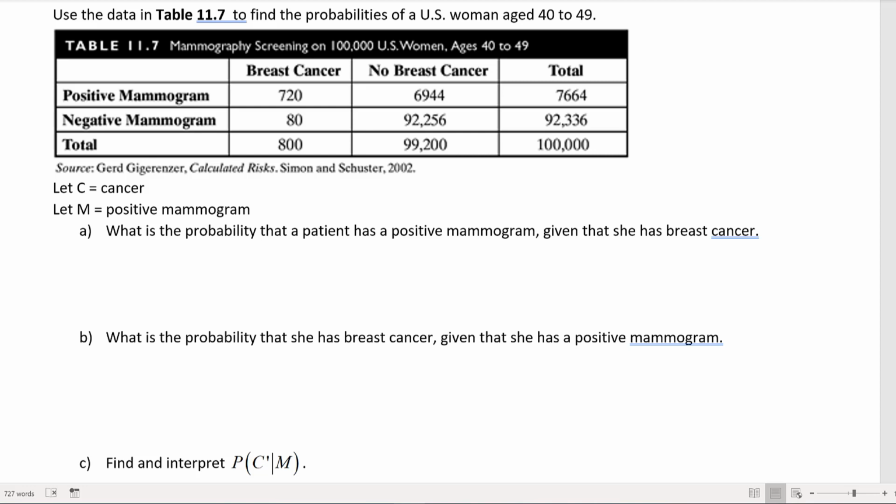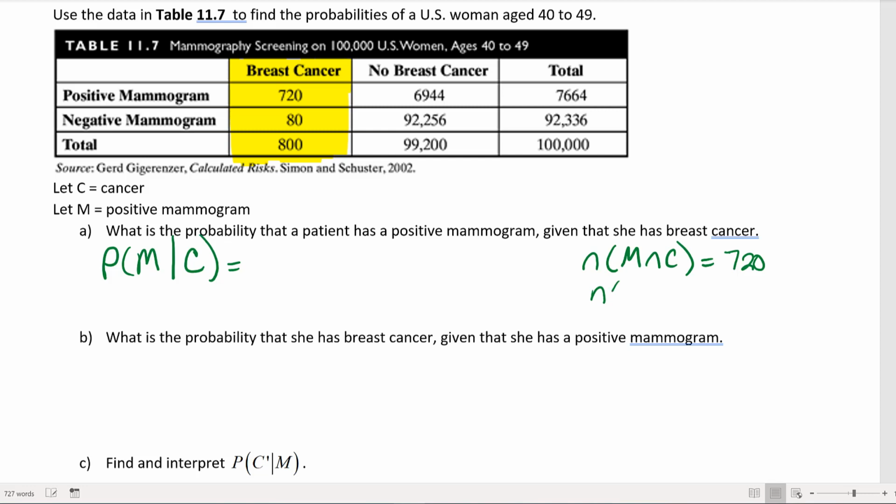For part A, what is the probability that a patient has a positive mammogram given that she does have breast cancer? The fact that we know she has breast cancer means I'm going to only look in the breast cancer column, and all of the other columns I'm not going to even worry about. I'm looking for the probability that she has a positive mammogram, that's M, given that she has cancer. So I'm looking for M intersect C, where she has a positive mammogram and breast cancer, that's 720.